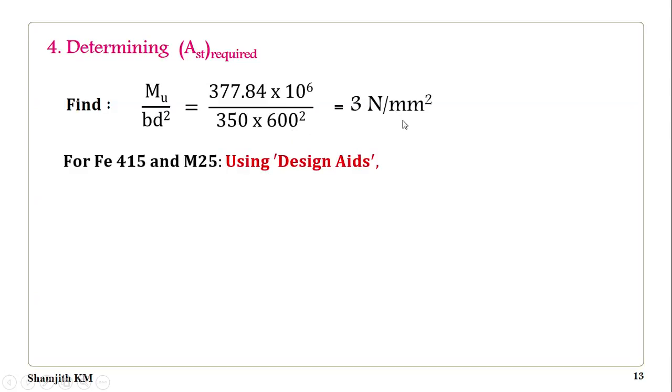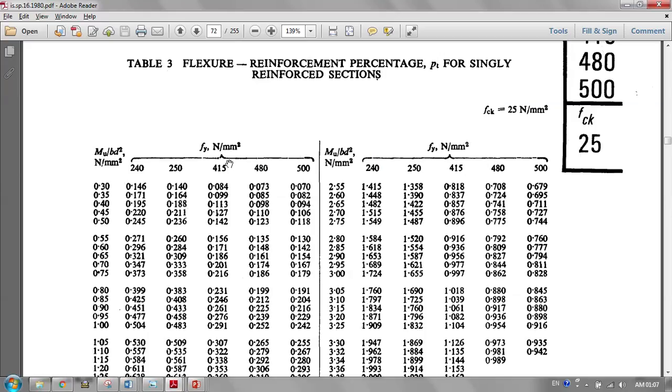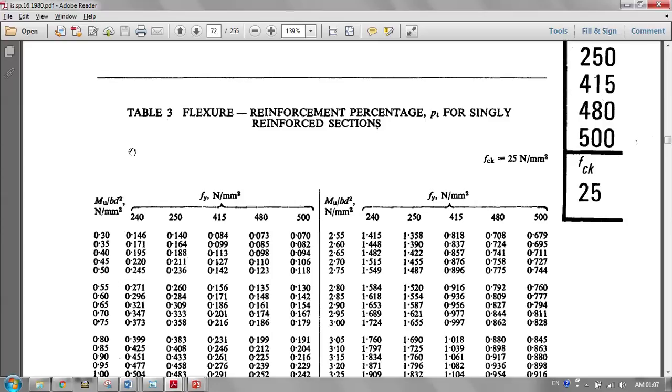And for Fe415 and M25, using the design aids or the SP16 data book, we will be going to the SP16 page with Table 3.